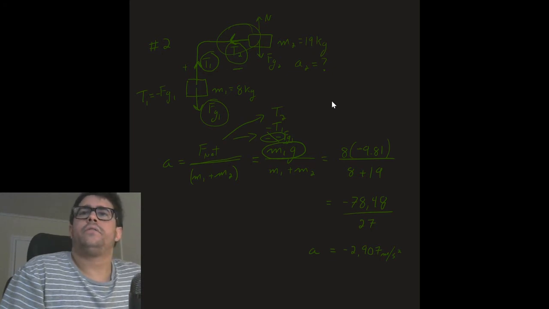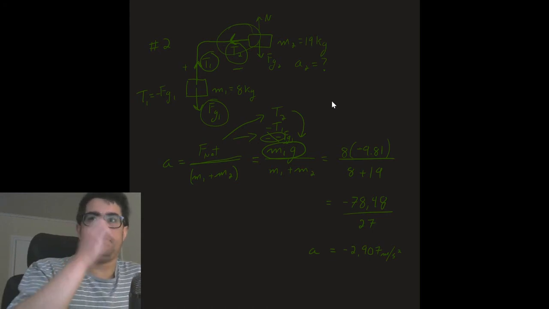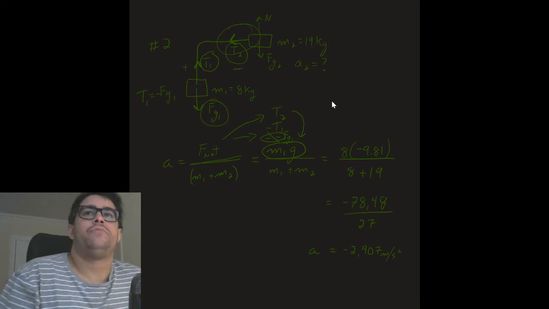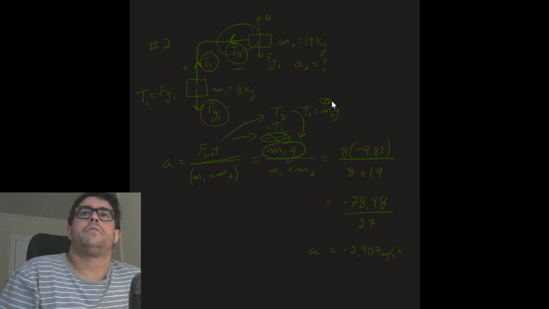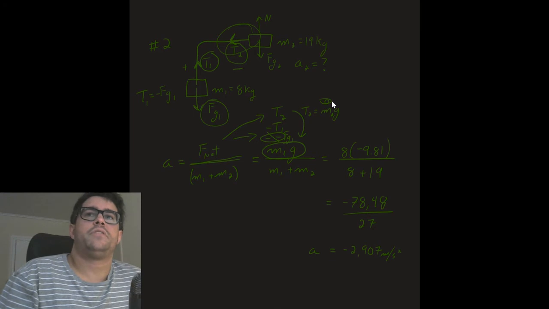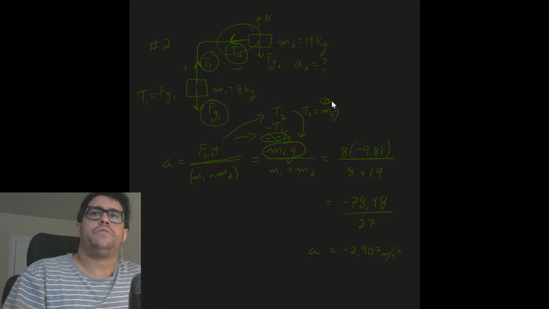We can basically go from this step to this step if we realize that T2 is created only by Mg. If we realize that T2 is equal to M2g, you realize that with your eyes, then it becomes a little simpler. You don't have to deal with the minus. But if not, then this remains the truth.